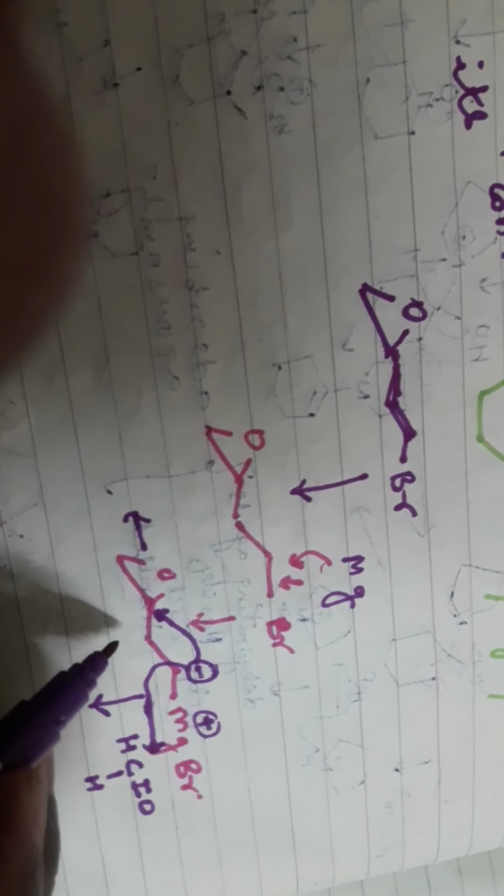So there are two sites where this negative charge can attack. In the product, this epoxide ring is not broken here, so there will be two chances, meaning two products will be formed.